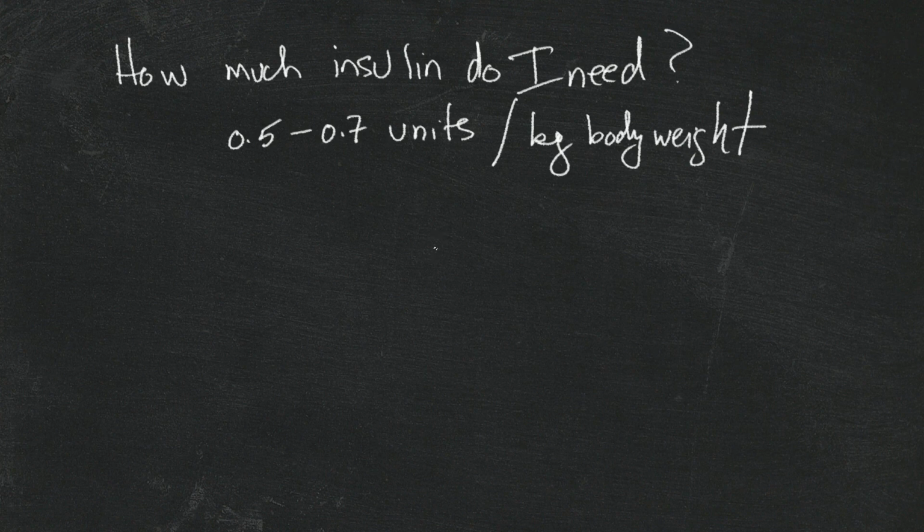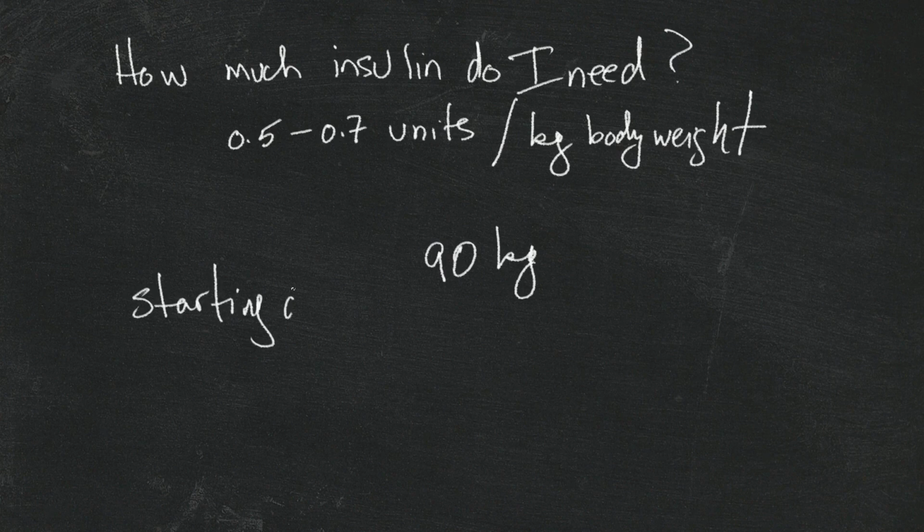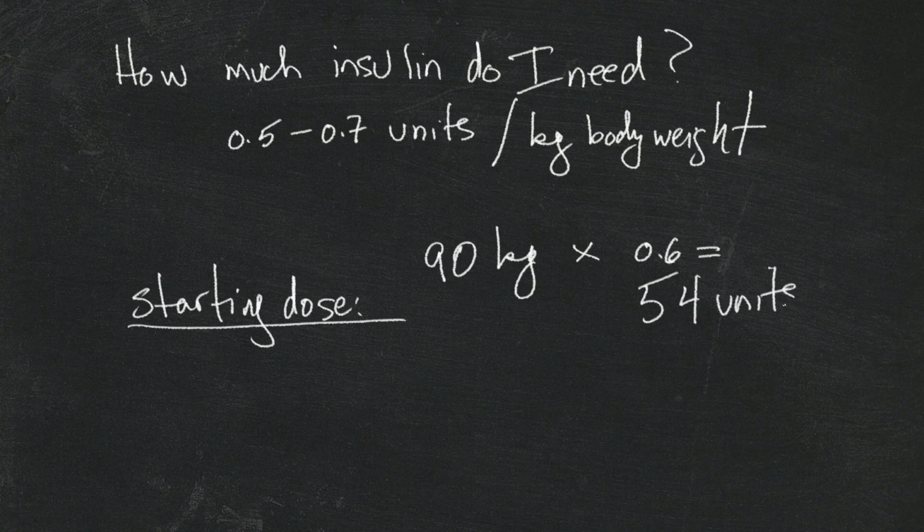So, if I weigh 90 kilograms, that's a big guy, but that's me, the doctors are going to say as a starting dose, just to get a ballpark estimate and a place to get started, it would be 90 times 0.6 equals 54 units. And the doctors would say, all right, Joe needs 54 units. But Joe doesn't need all those 54 units all at one time. This is what he needs in 24 hours.